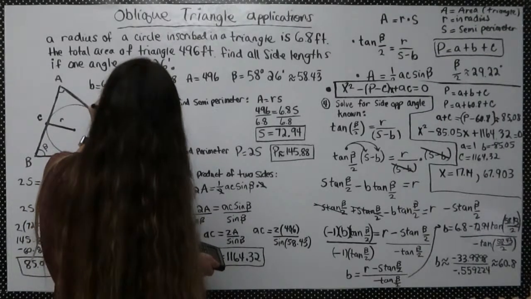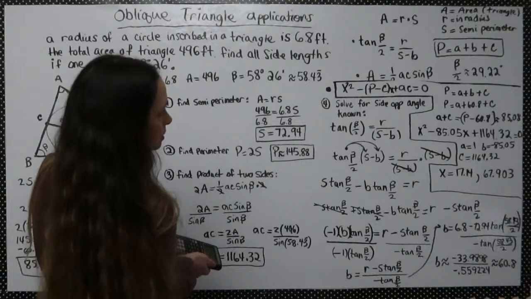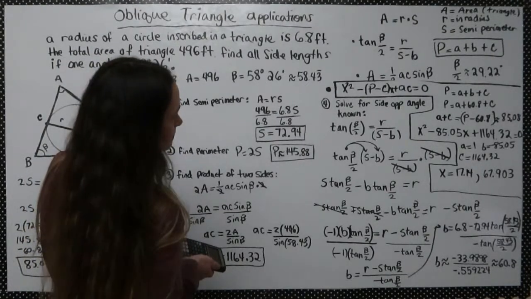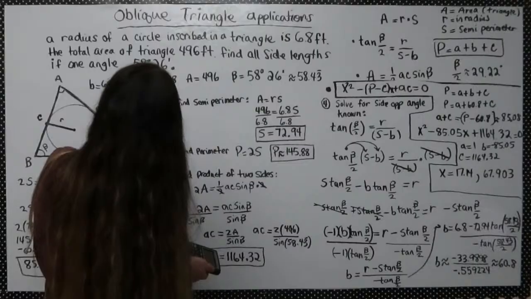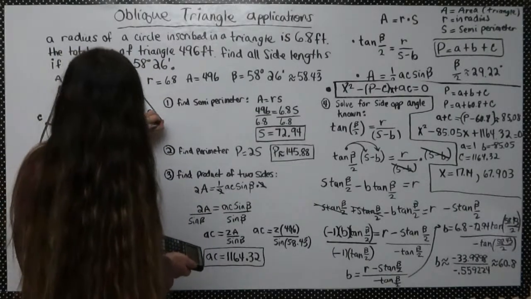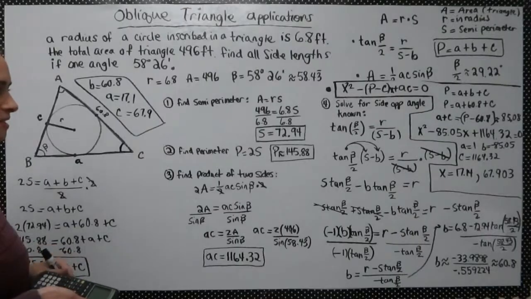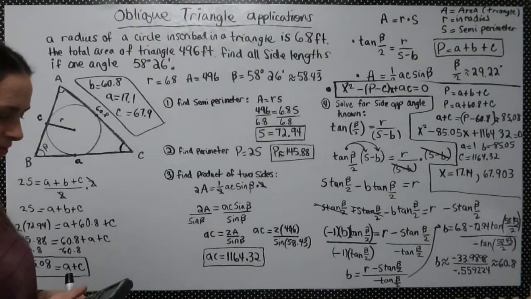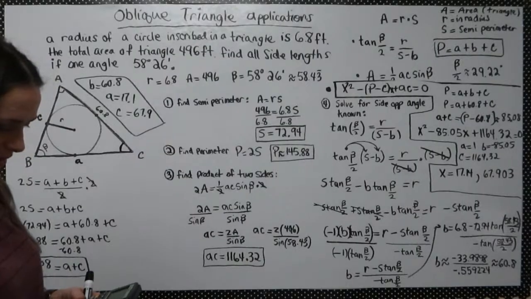And then we've got C equals, what does it say, 67.9? So we'll leave it 67.9. So here's your side lengths. Very unsatisfying problem that took me 2 days and 2 hours.